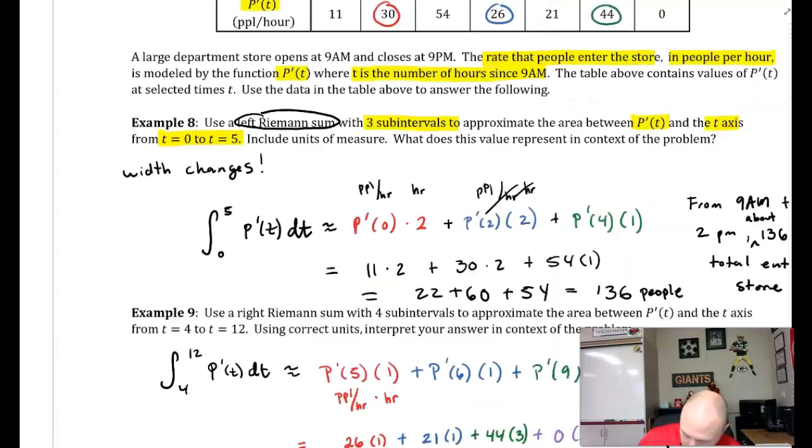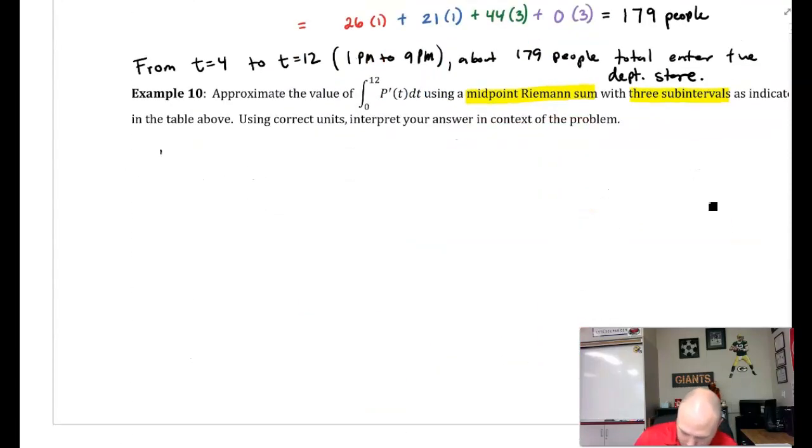Okay, so the integral from 0 to 12 of p prime of t dt is approximately, our first width was 4, and our height was 30. So 30 times 4, plus, I think the width was 2, but our height was 26.